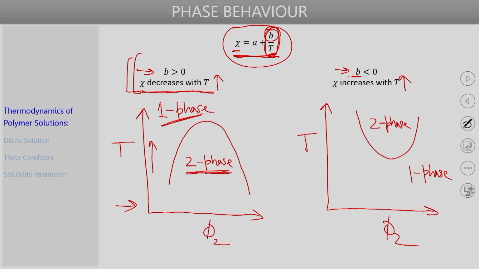So, this curve that separates the two regions, that is typically referred to as a binodal curve. So, in both the diagrams, the curve that we have is called a binodal curve.